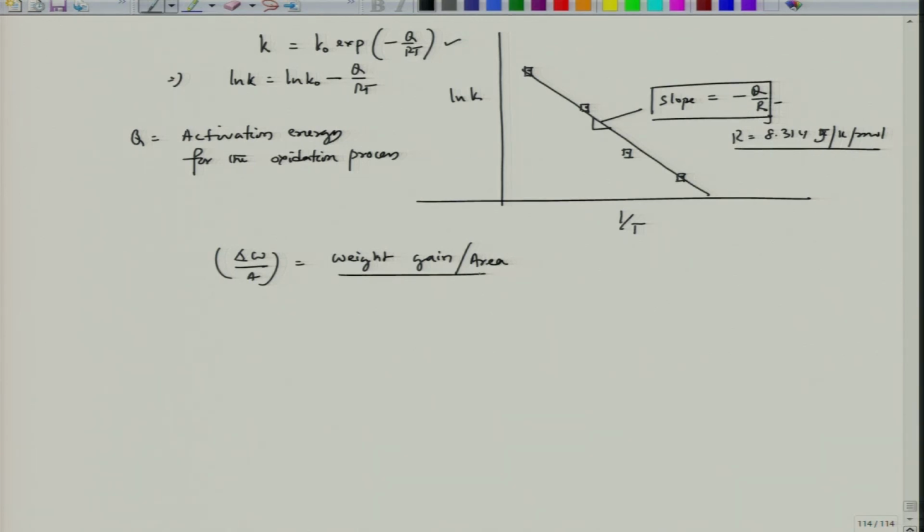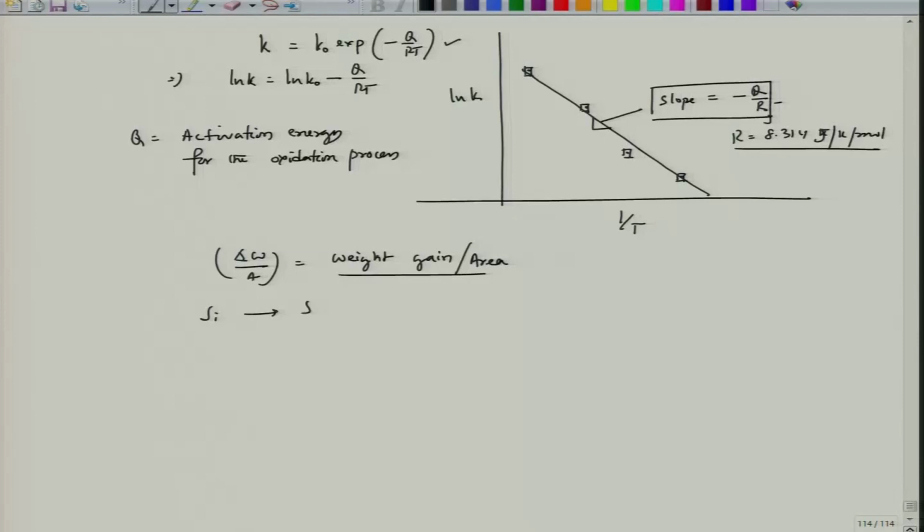But there are metals at some high temperature, for example silicon, if it forms silicon oxide, or zinc, if it forms zinc oxide.